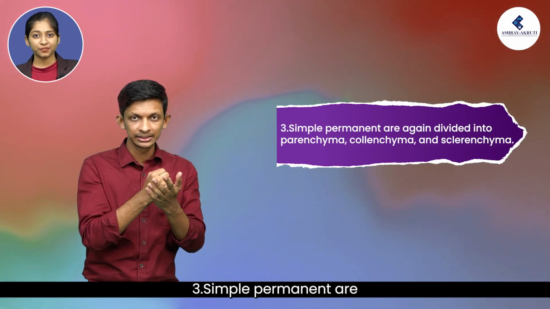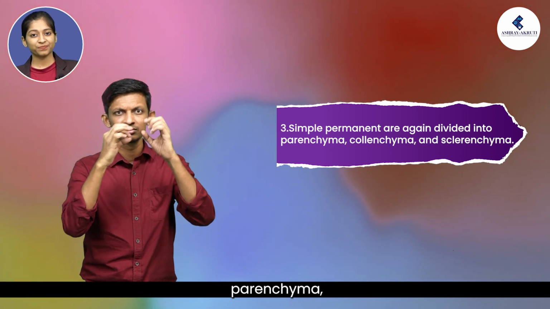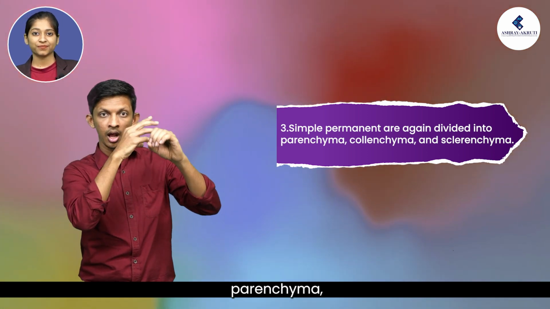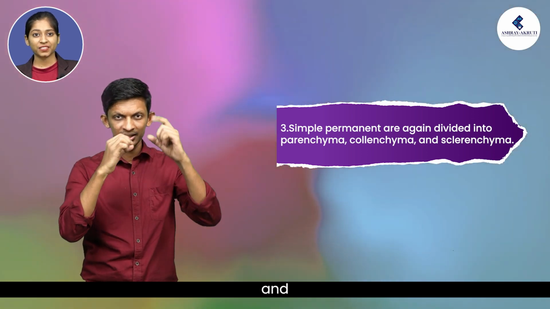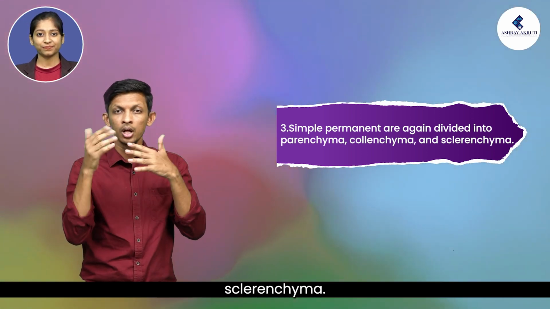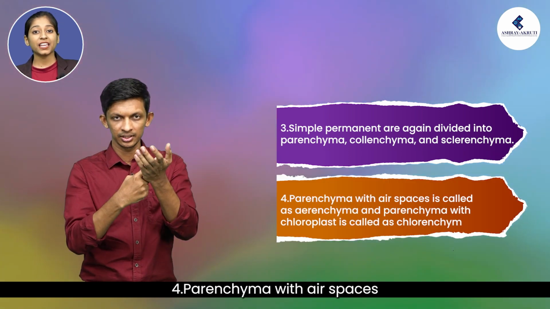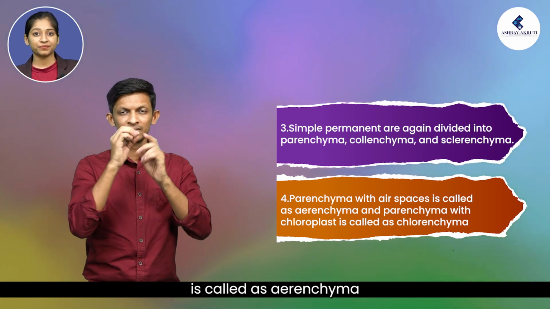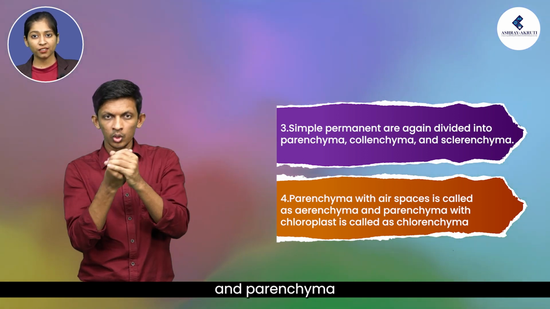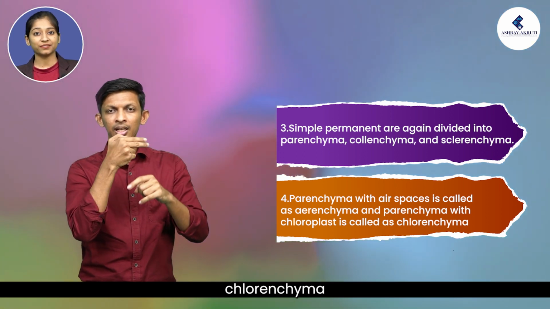Simple permanent are again divided into parenchyma, collenchyma and sclerenchyma. Parenchyma with air spaces is called aerenchyma and parenchyma with chloroplast is called chlorenchyma.